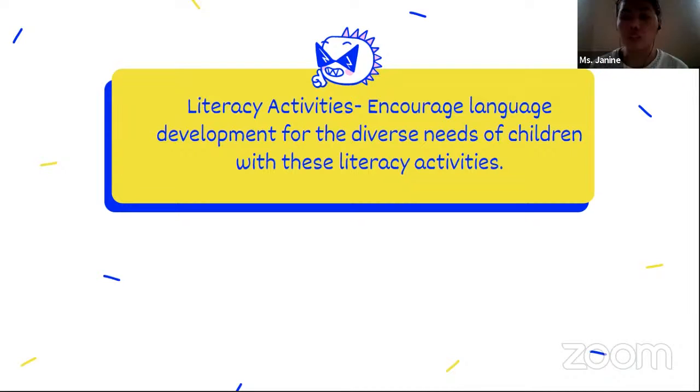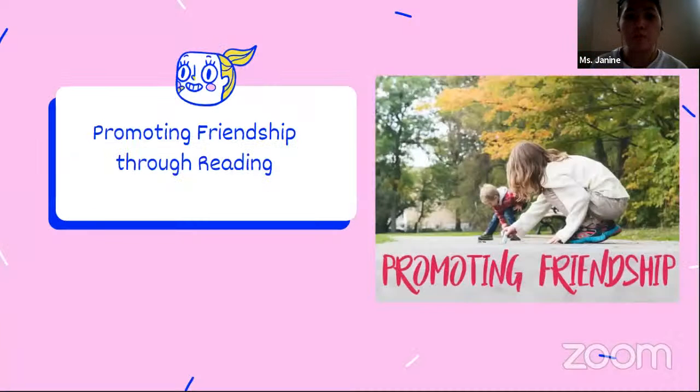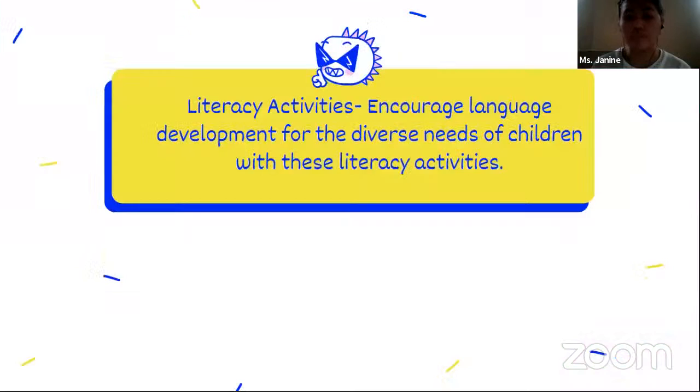So for us to build step by step the learning activities, including the literacy activities, let's promote friendship through reading. An example of literacy is reading, right? So words, language, reading, and then it also comes with writing.